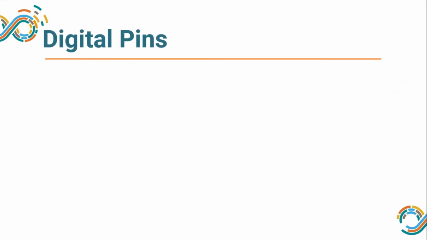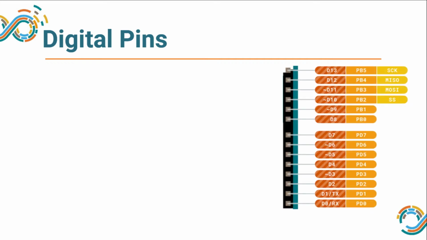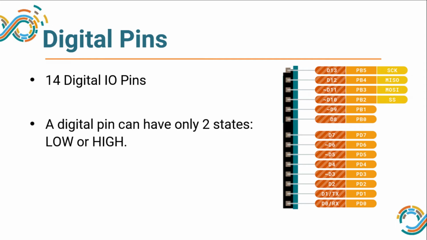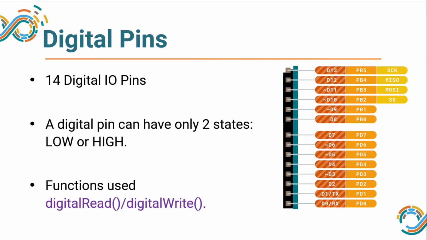Then we have digital pins. These are on the right side of the board. These are 14 pins. These can work as input as well as output. These pins will only have two values, low or high. That means logic 0 or 1. The function that can be used to decide whether I am going to use these pins as input pin or output pin is pin mode.